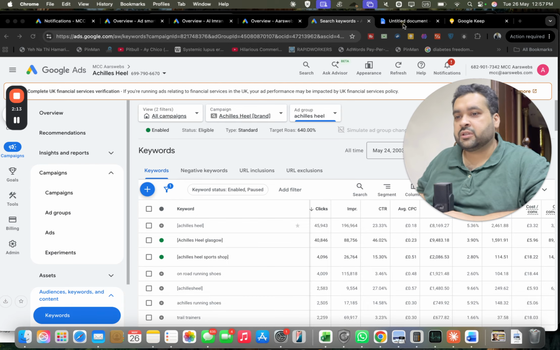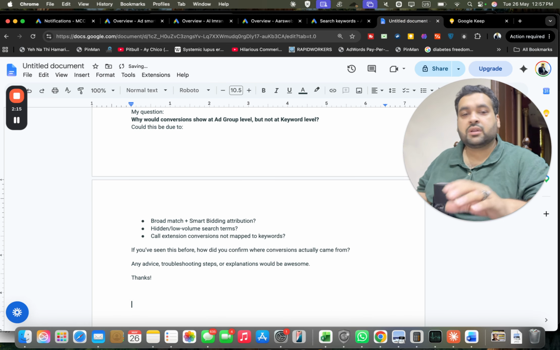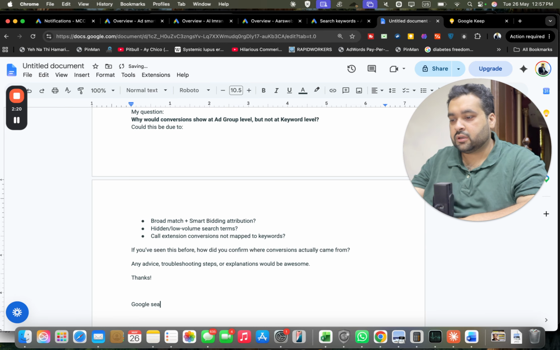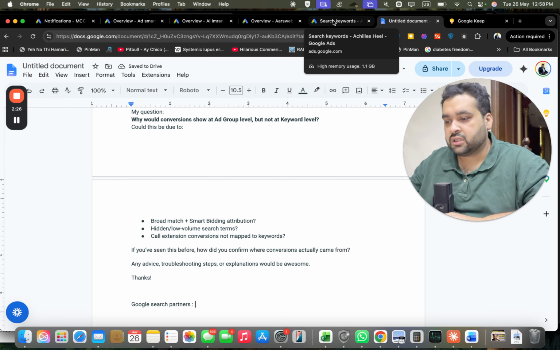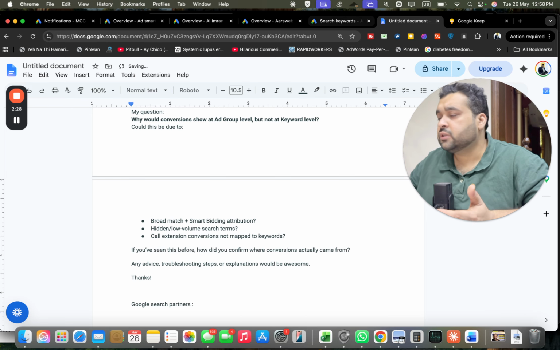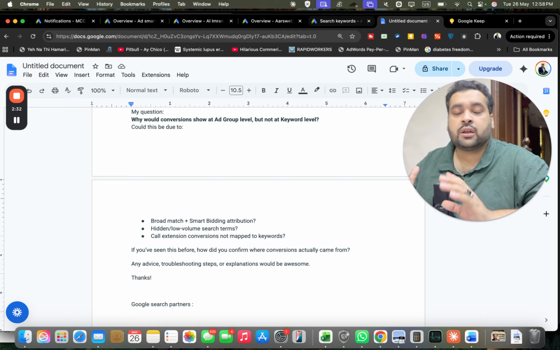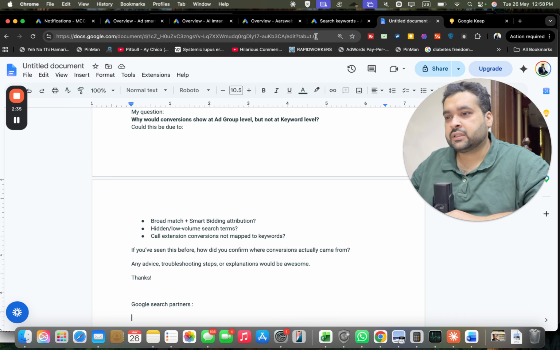So why this happens is, the simple answer is, if you are using Google search partners along with your campaign, the conversions you get from search partners are not being included in the keyword section. The other reason could be call asset conversion.